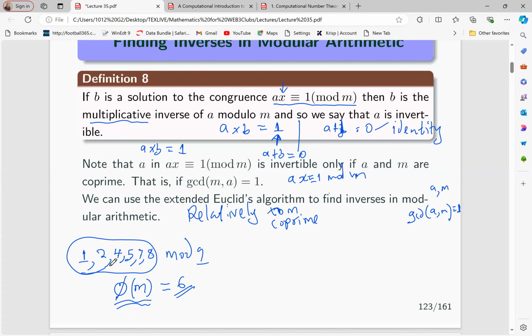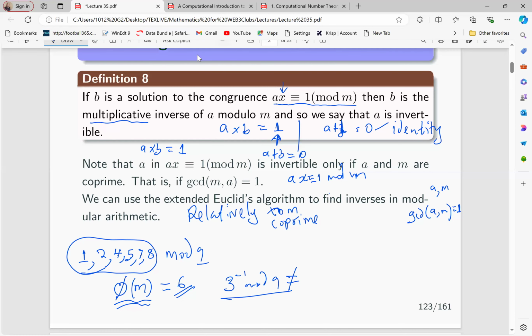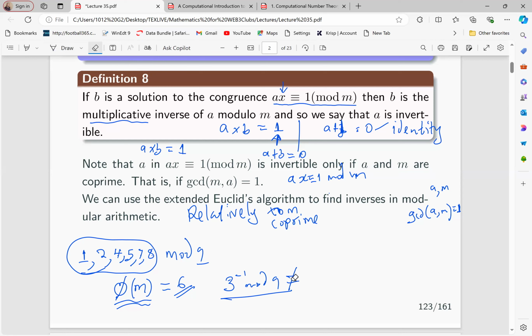So these would have inverses. I don't expect 3 to have an inverse. 3 cannot have an inverse mod 9. That inverse does not exist. But 2 would have an inverse. So what we are interested in now is finding the inverses. Finding the inverse of 2 means finding an element which, when multiplied by 2, gives you 1 mod 9.